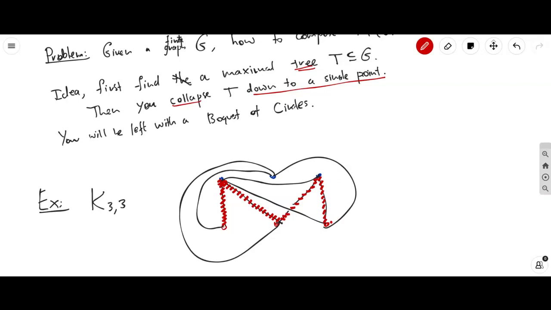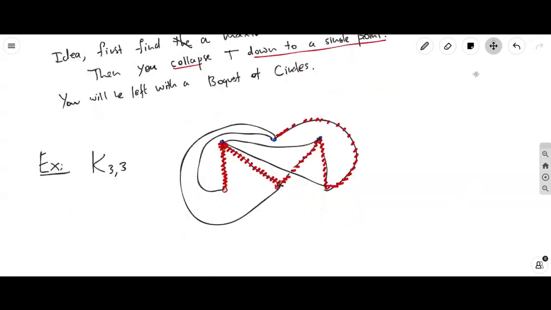And then from this red one, I go to a blue one. I go like this. And then from that blue one, I go back to, I think that's it, right? That's it. You can see that all of the vertices, so this vertex, this one, this one, this one, this one, and that one have been used up. So this is your maximal tree.